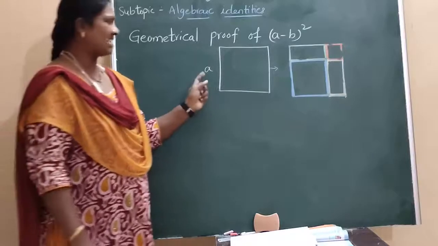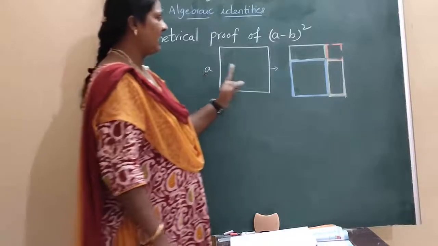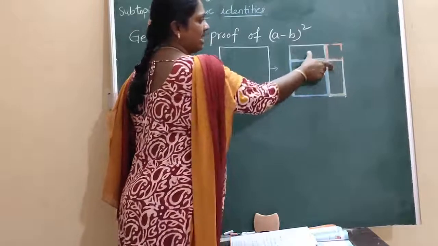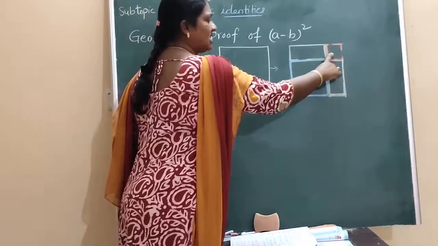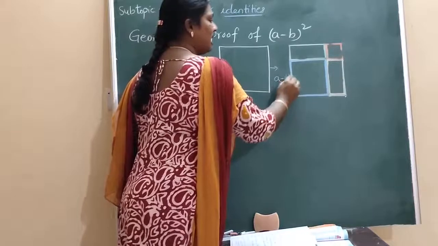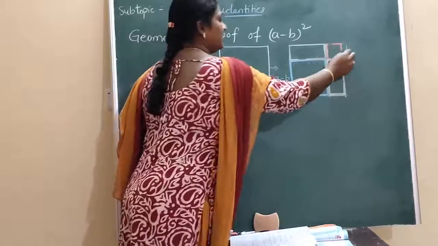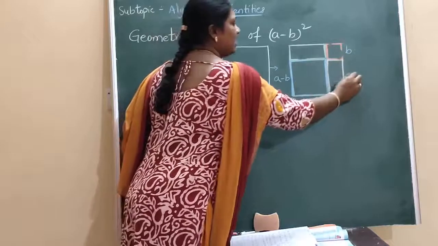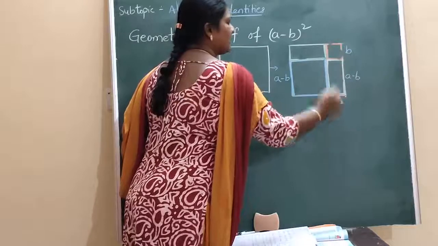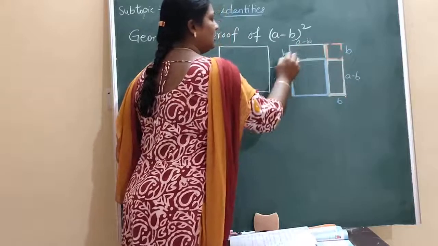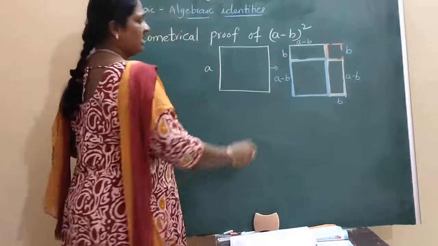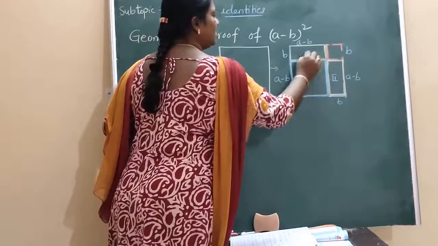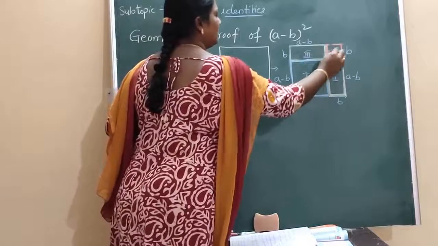Take a square with side a, and we have to divide this square into 4 regions with 2 squares and 2 rectangles, the squares having the sides a minus b and b respectively, and the length and breadth of the 2 rectangles being a minus b and b respectively. Now this one is the first region, this one is the second region, this one is the third region and this one is the fourth region.